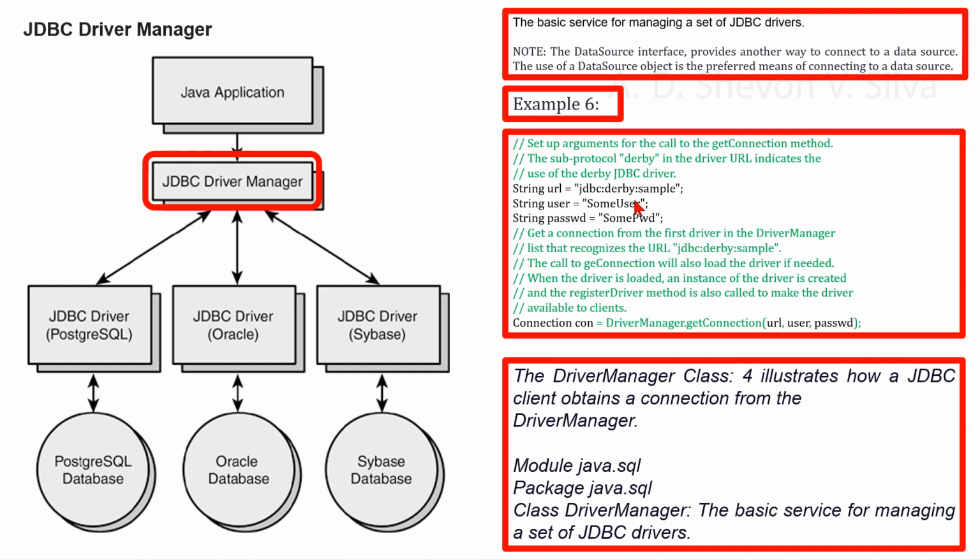The content and syntax of the subname will depend on the subprotocol. Note, a JDBC URL is not required to fully adhere to the URI syntax as defined in RFC 3986, Uniform Resource Identifier or URI generic syntax.